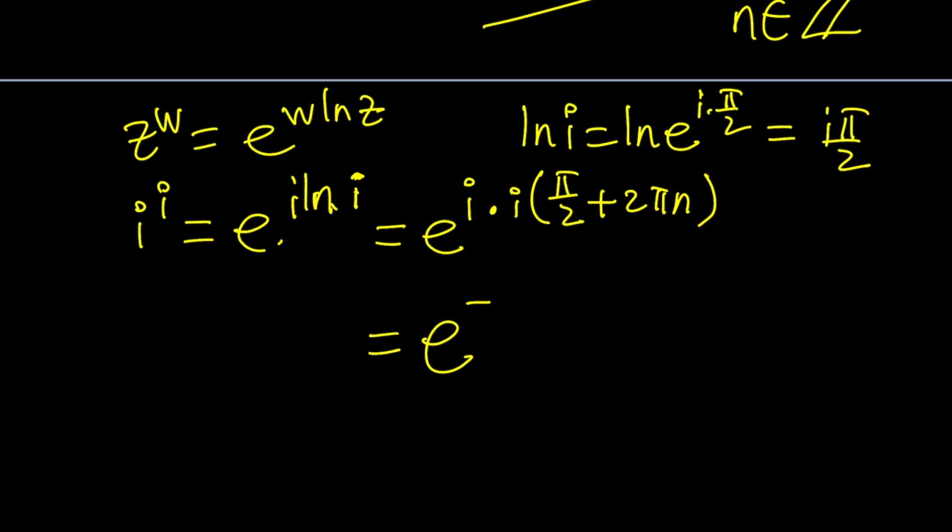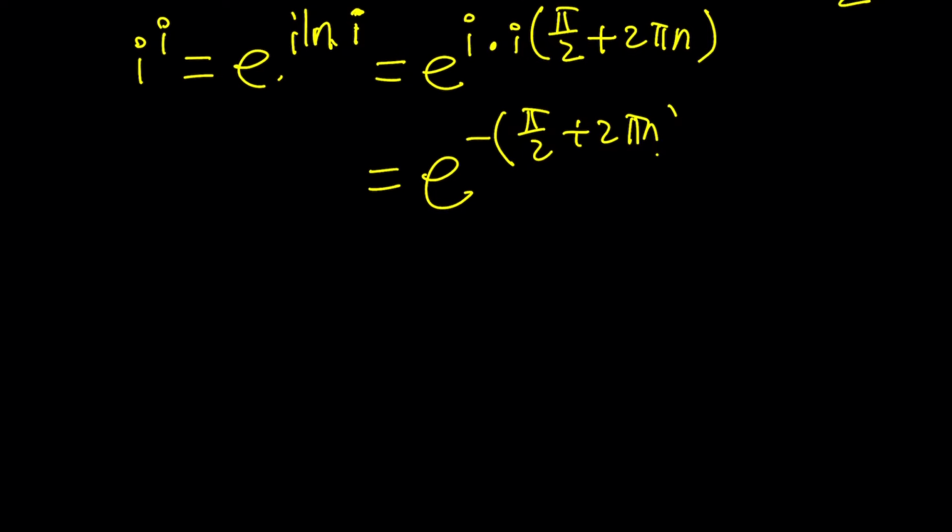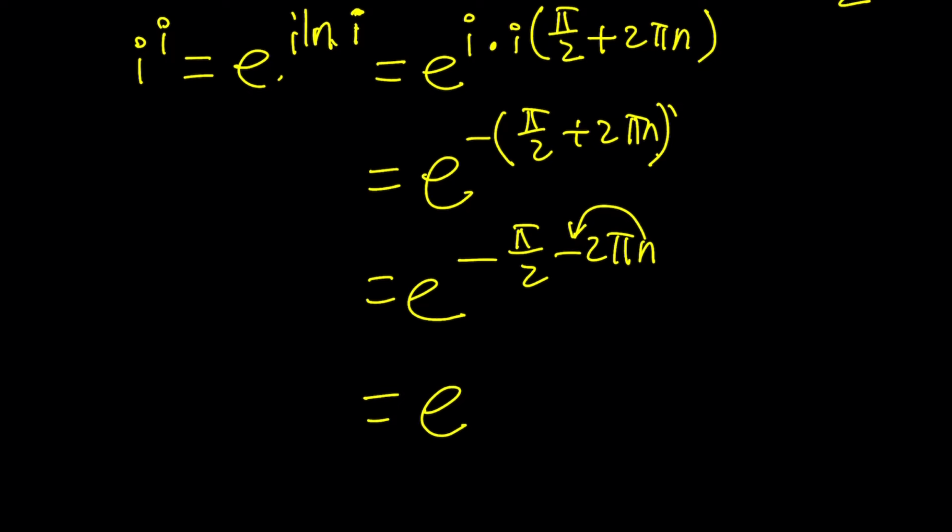So we're going to replace it with -1 and multiply this whole thing by pi over 2 plus 2 pi n. When we distribute the negative, we're going to get e to the power negative pi over 2 minus 2 pi n. But notice that this i disappeared, right? Negative n can be replaced with another integer like k, so this can be written as e to the power negative pi over 2 plus 2 pi k. That will be i to the i.